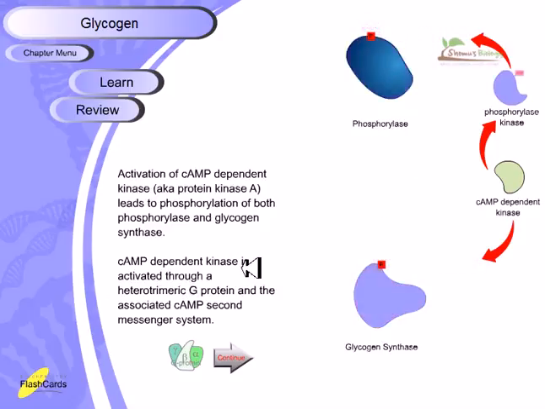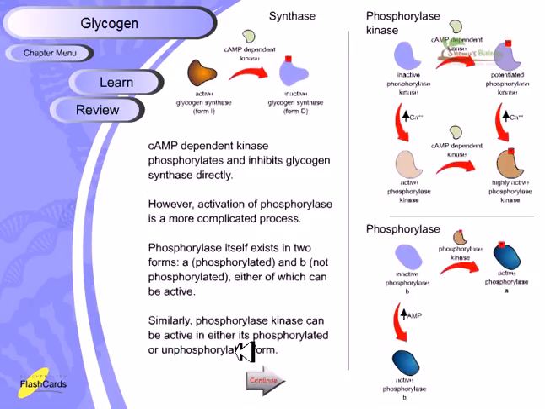Now cyclic AMP dependent kinase is activated through a heterotrimeric G protein, and we all know the signaling of this G protein. Cyclic AMP dependent kinase phosphorylates and inhibits the glycogen synthase directly. When glycogen synthase is unphosphorylated, it is active, and when it is phosphorylated by the phosphorylase kinase, it is inactivated.